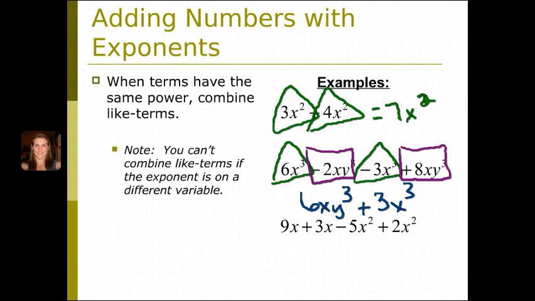Okay. All right, in our third example, we need to think about what combines with 9x. We also have a 3x, and nothing else combines with that. Then our x squareds need to go together.